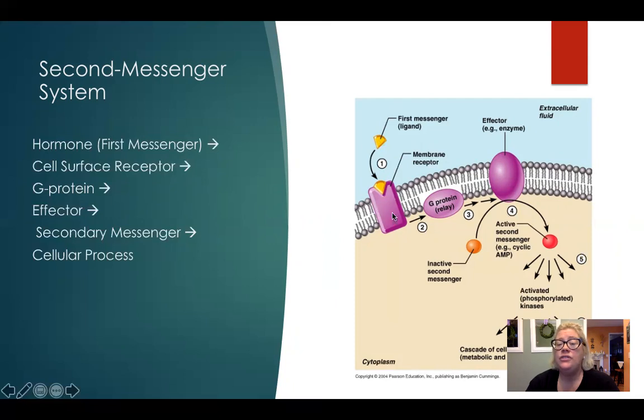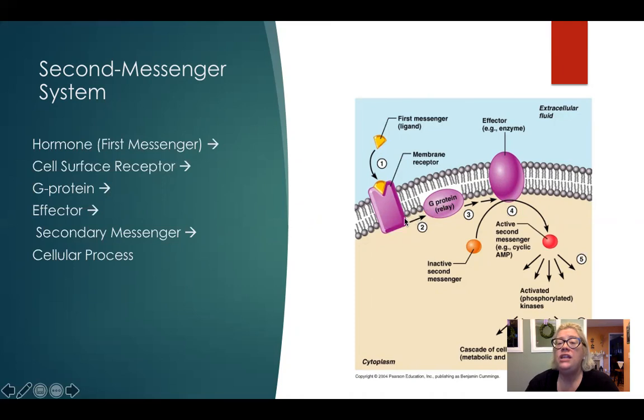Our cell surface receptor, when the hormone binds, is going to change shape, and it's going to reveal a G protein binding site on the portion that is on the interior of the cell. The G protein is then going to bind to that binding site, and the G protein is going to become activated.